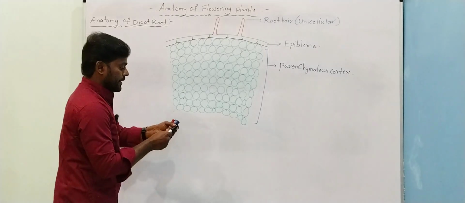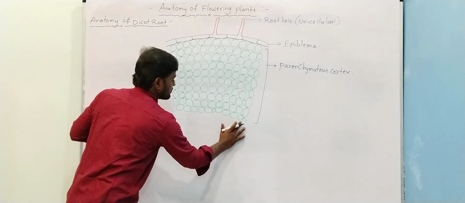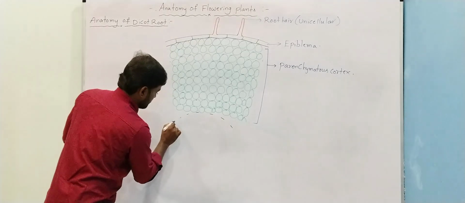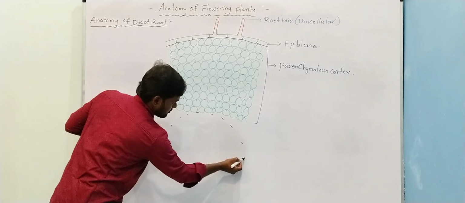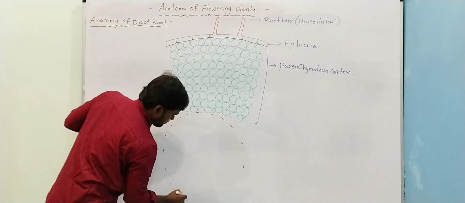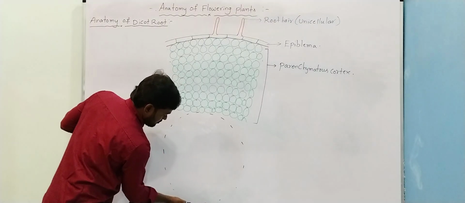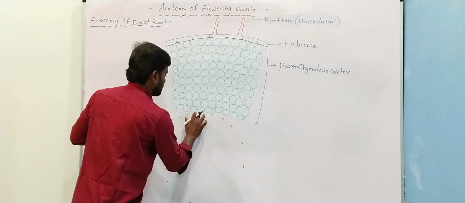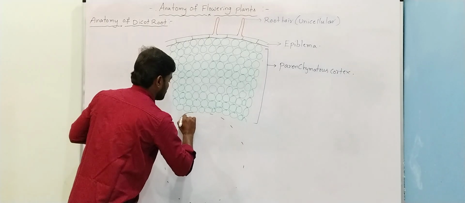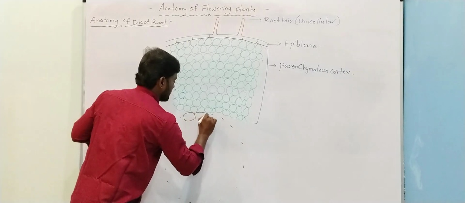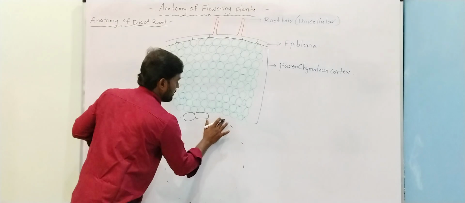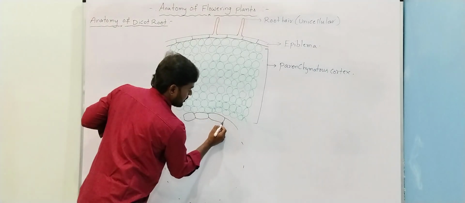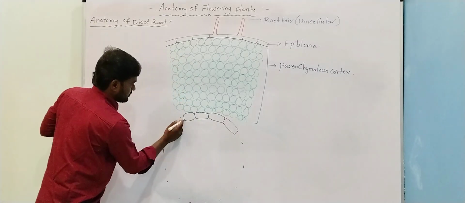I will show the endodermis layer here. This endodermis layer is made up of little barrel-shaped cells. The barrel-shaped cells are called endodermis.